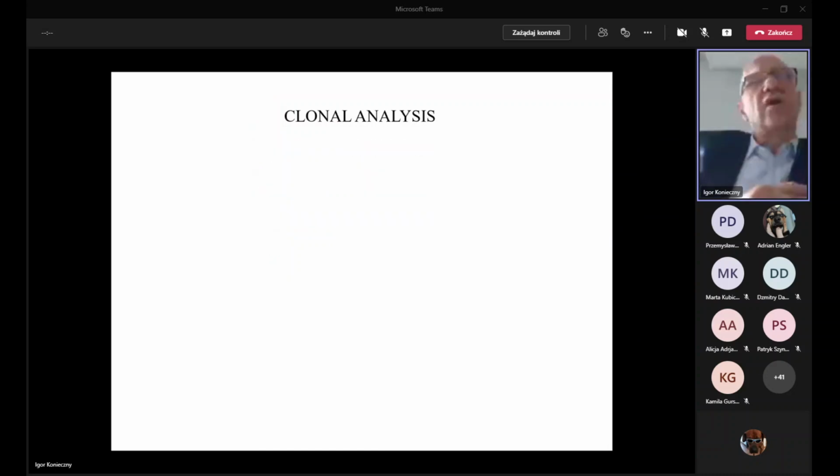So first is clonal analysis. Anyone has a concept what clonal analysis is? It's a general concept in biology. What do you think? How can we define clonal analysis?